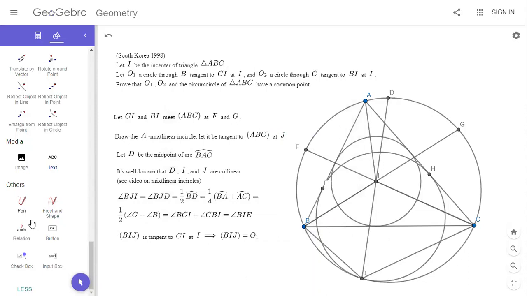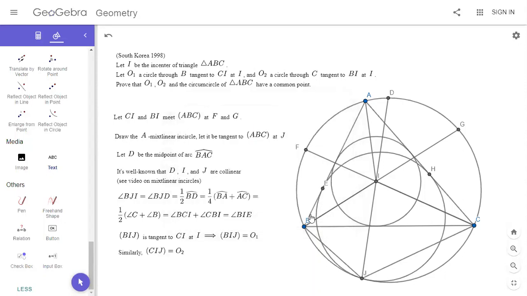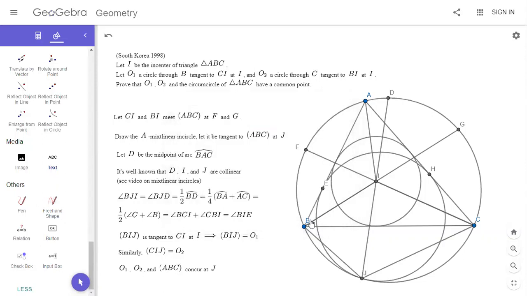And similarly, the circumcircle of CIJ is O2. And so therefore, O1, O2, and ABC concur at J. I fix my dollar signs. Concur at J.